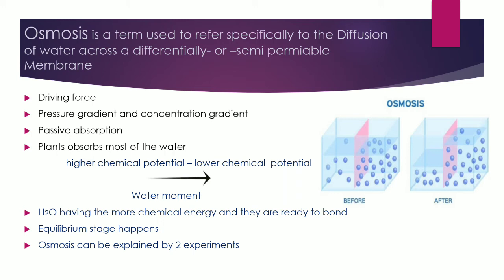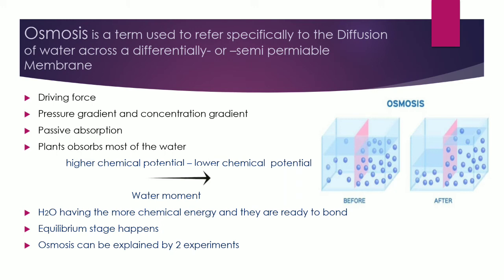Where the solid particles are more, the water transfers from the side with fewer solid particles to the side with more solid particles, that is, actually from higher water potential to lower water potential. But here something new is indicated, that is, higher chemical potential to lower chemical potential.